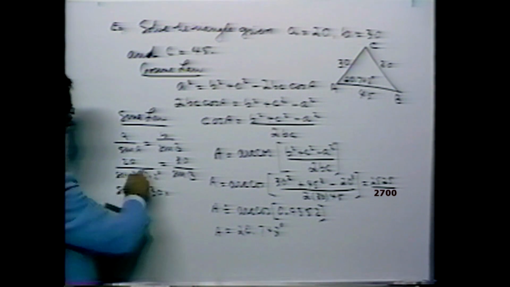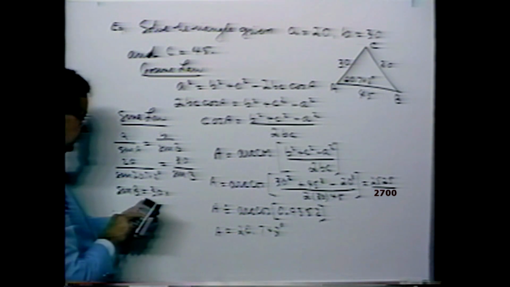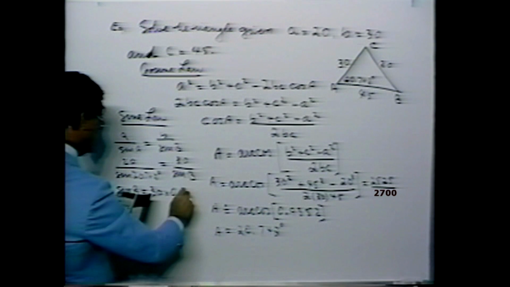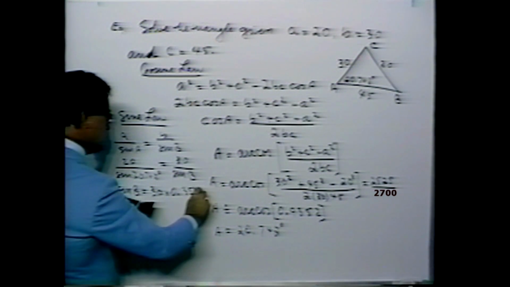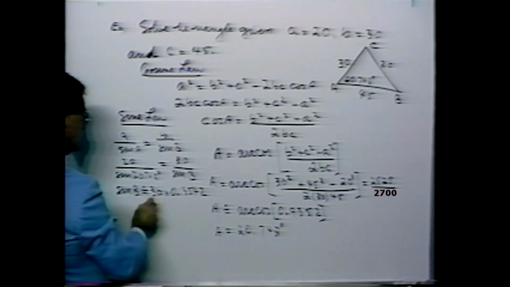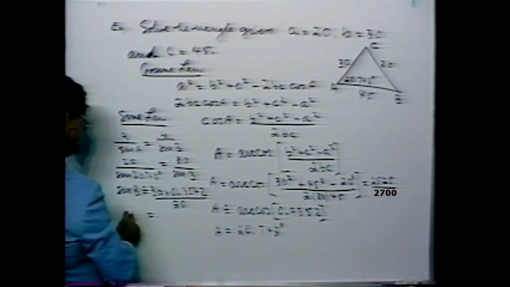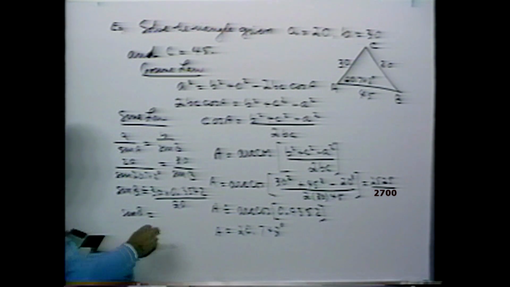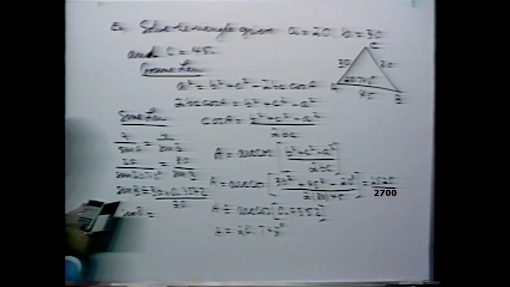I still have that amount on the display of my calculator, so I'll simply press the sine function. And I end up with 0.3542 approximately. And that will be divided by 20. So sine B equals this decimal multiplied by 30 and divided by 20.